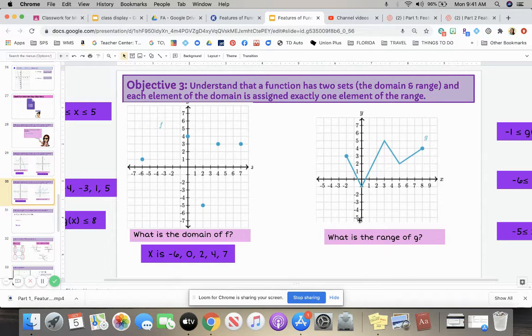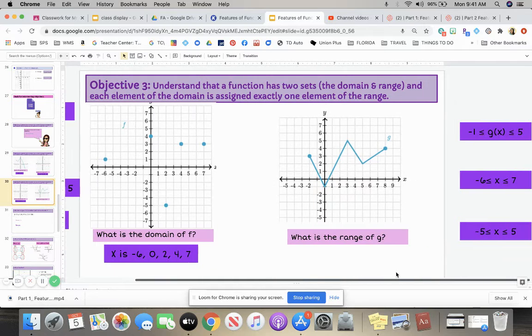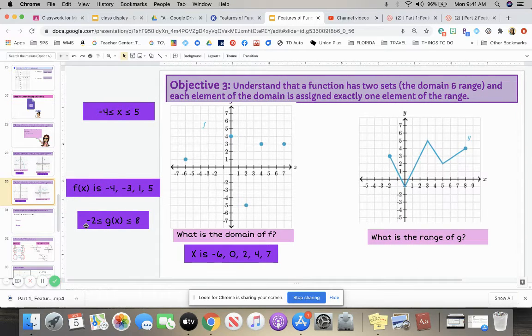This is an actual graph, so it's going to be everything that's in between -2 and positive 8. So negative 2 is less than or equal to y, and y is also less than or equal to positive 8.